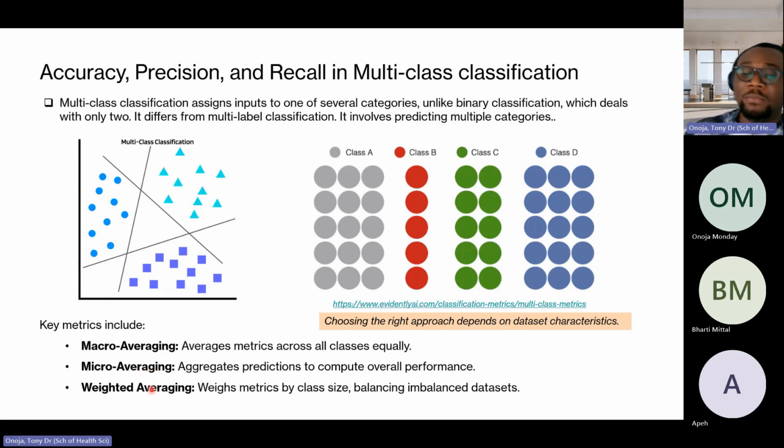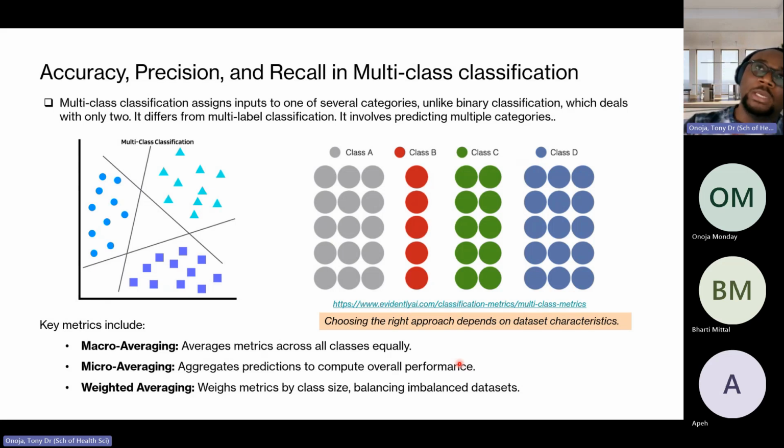But in the case of micro averaging, you aggregate the predictions individually to compute the overall performance. In this case, you look at what is the precision, for example, in class A, what is the precision in class B, what is the precision in class C, before you compute the overall. So it's not that you iron out everything across, but rather you look at them individually. That's why we say micro. So micro is like an individualistic approach.